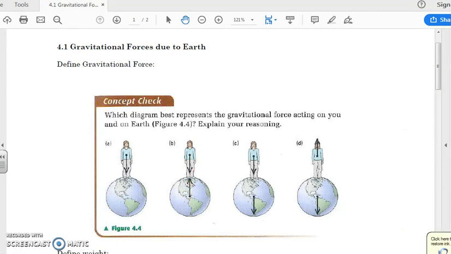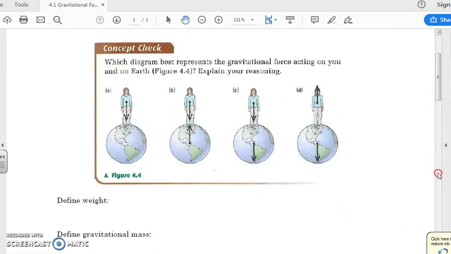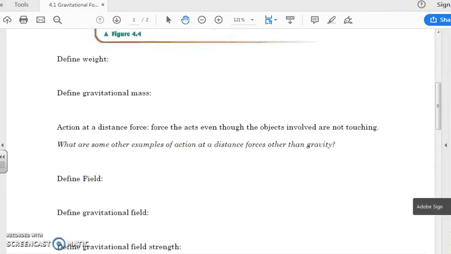Taking a look here now at the concept of weight. Weight is simply a force due to gravity, or a gravitational force, on an object.